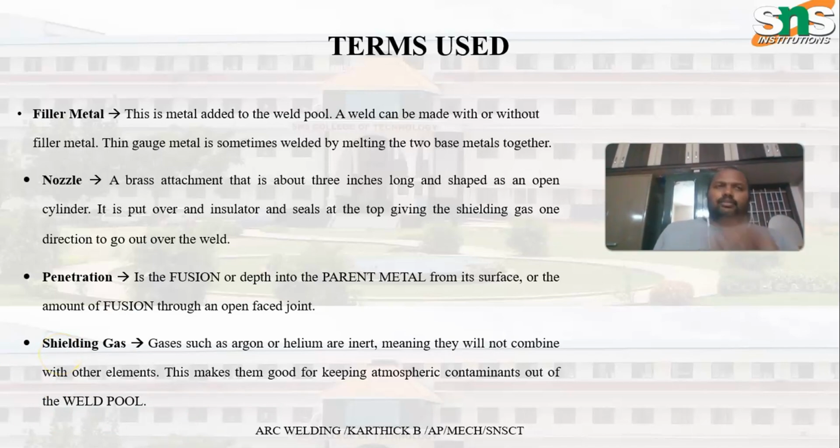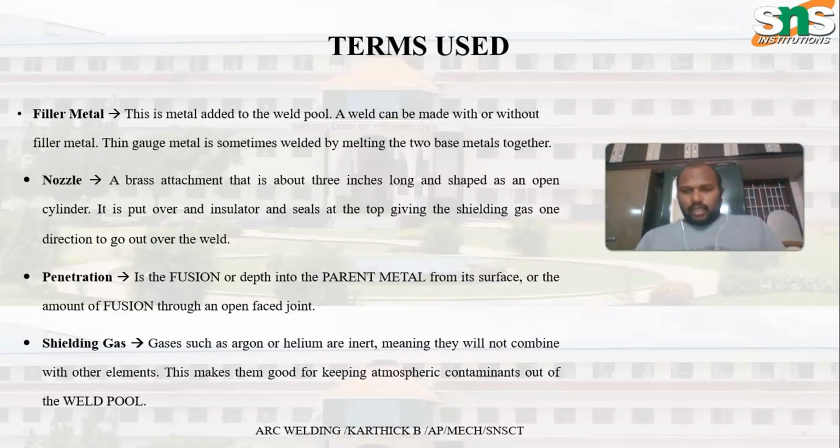In some welding processes, the electrode is used only to make the current flow, or it helps to create the heat. In that particular welding process, filler metal can be used.